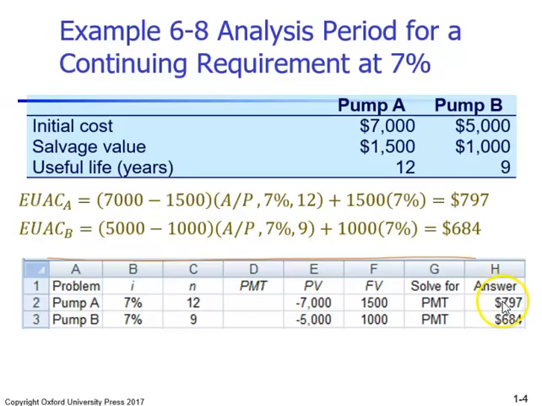So we go with pump A, that is 12 years. After doing this example, most probably you have come up with these correct answers, and you are wondering what is the logic behind these two formulas.